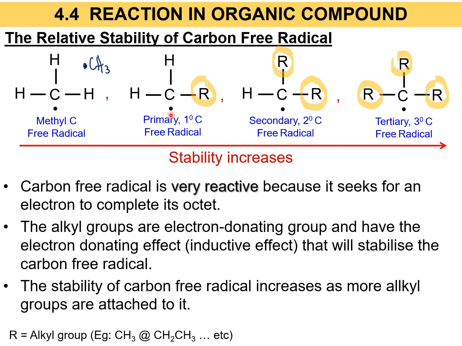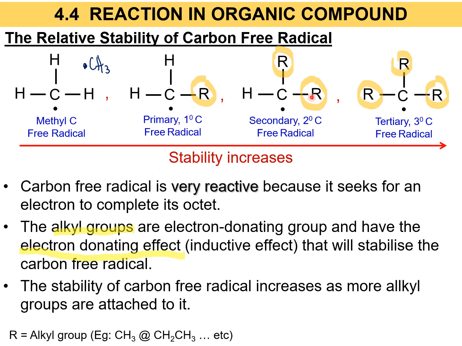Sebab dia kan jadi unstable sebab dia ada unpaired electron, tapi bila dia pair dengan alkyl group, dia rasa macam cukup. Sebab kenapa? Alkyl groups ni dia ada electron donating effect. Bear in mind, alkyl groups ada electron donating effect, so dia akan rasa cukup. That's why dia akan stabilize the carbon free radical.